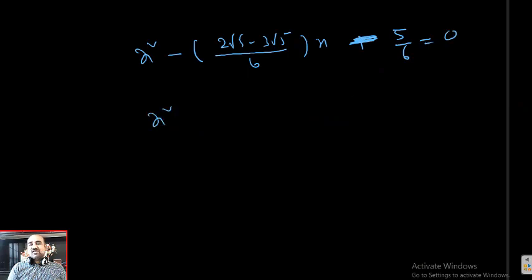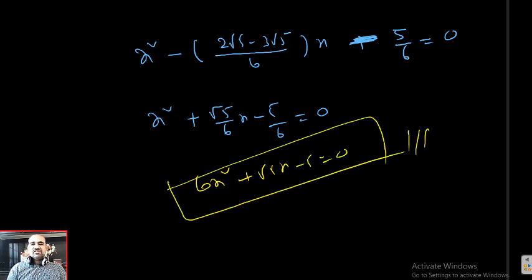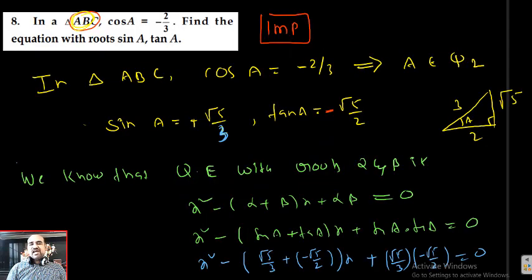So x square minus, minus of minus plus root 5 by 6 into x minus 5 by 6 equal to 0. Final answer: 6x square plus root 5 x minus 5 equal to 0 is the required quadratic equation whose roots are sin A and tan A.